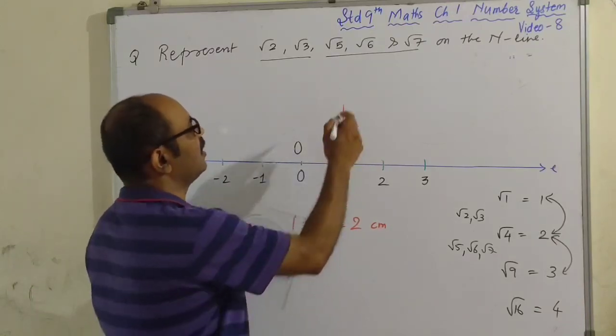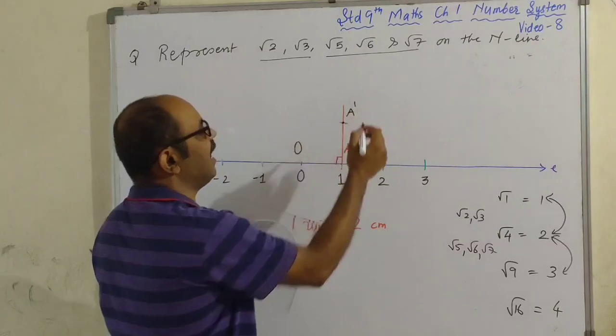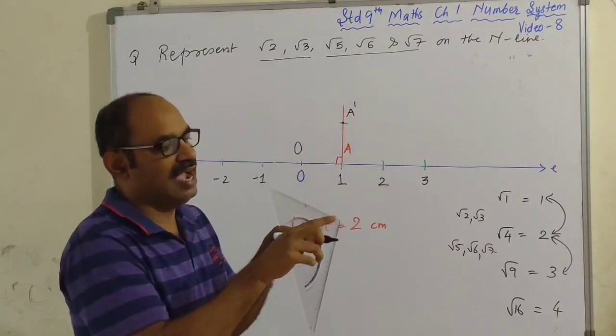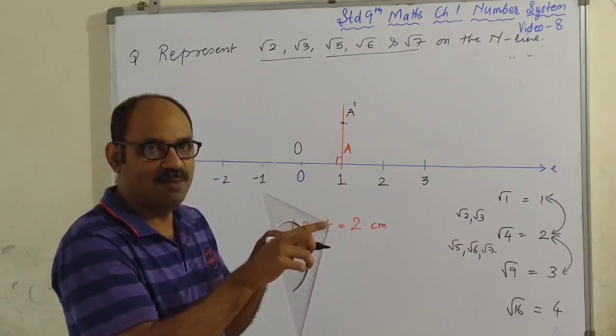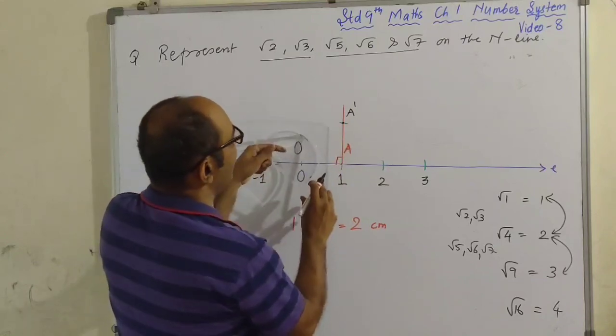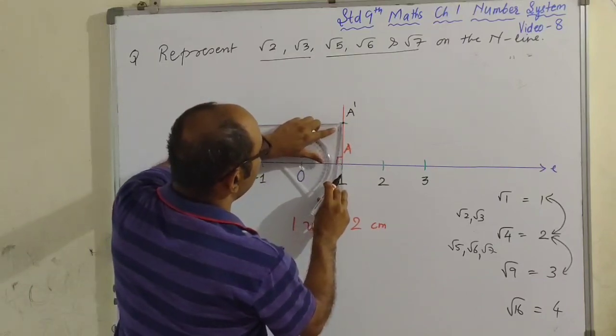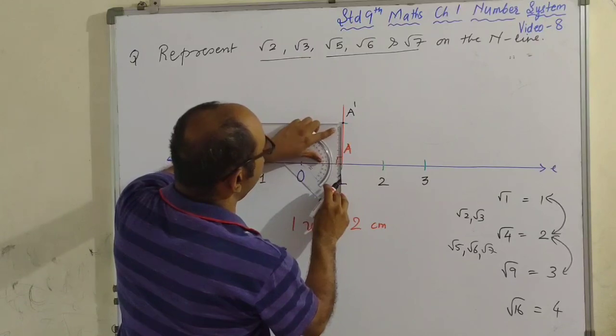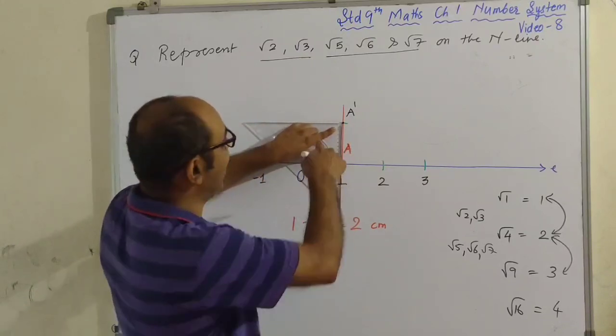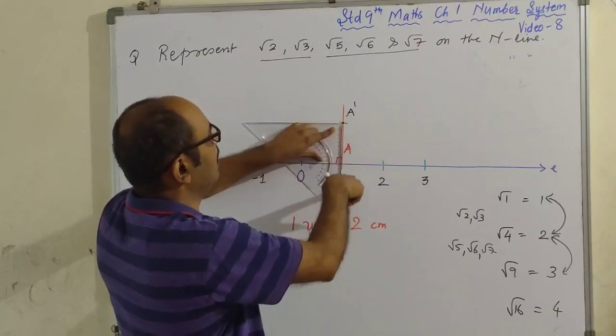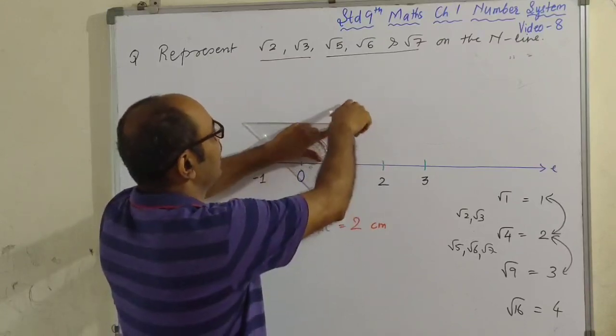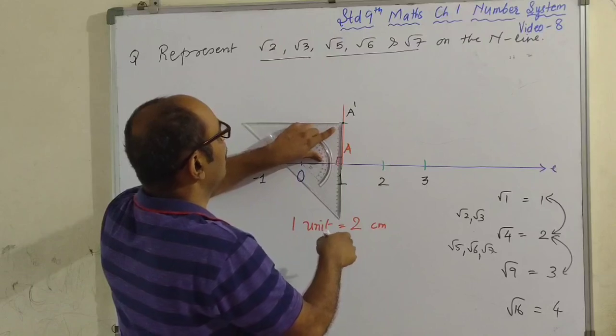This time, this point I got, I'm going to call it A dash. And this time, the vertex at which the right angle is formed has to coincide with A, so let it coincide. One of the perpendicular edges will be along this segment AA dash.